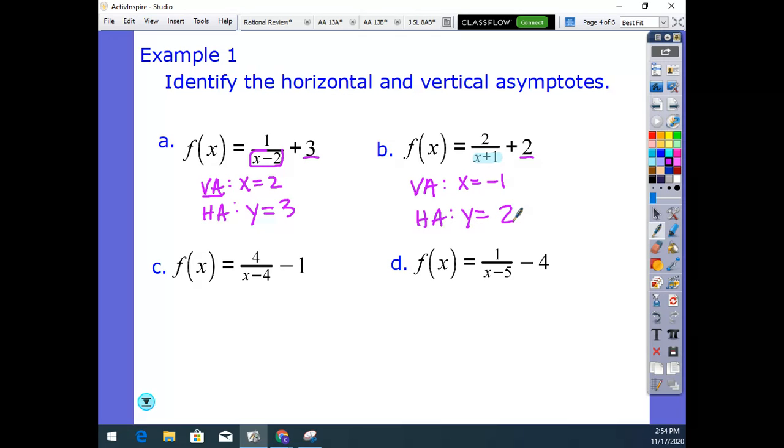Done. Vertical asymptote. What makes the denominator 0? When x equals 4. Horizontal, y equals, now pay attention, you've got to bring that negative down with the 1. The -1 counts.